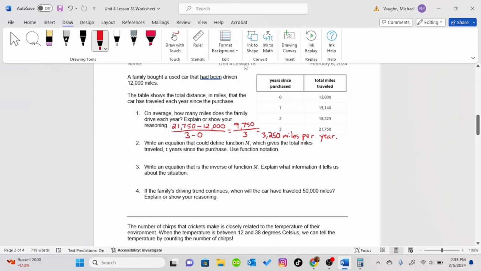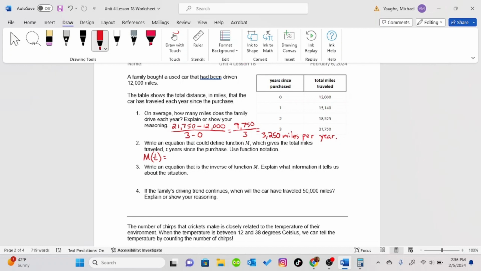Number 2, write an equation that could define function m, which gives the total miles traveled t years since the purchase. Use function notation. So when we use function notation, we start with the name, which is capital M. We have our input in parentheses, which is t.